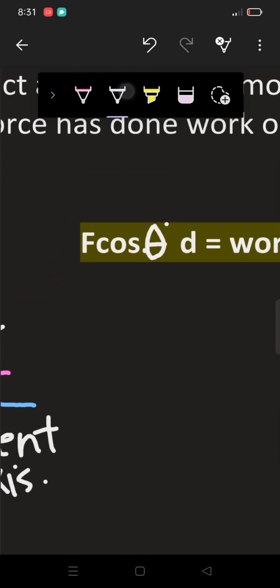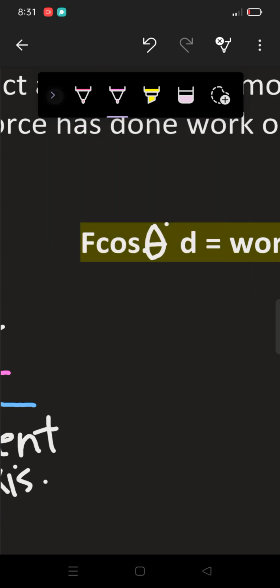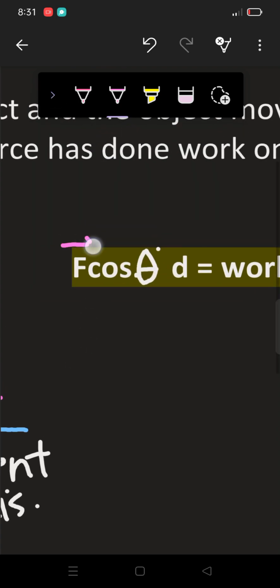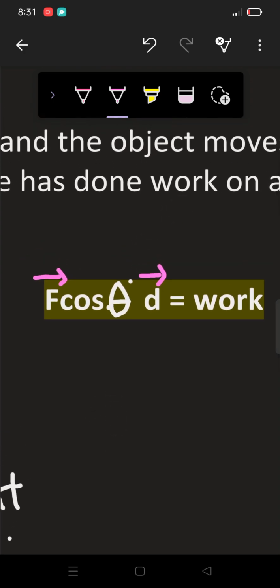Now we know that force is a vector quantity and displacement is a vector quantity too. So let me make the arrows on top so that we can identify that both are vectors. Now when I remove this cos theta, what will be between them?